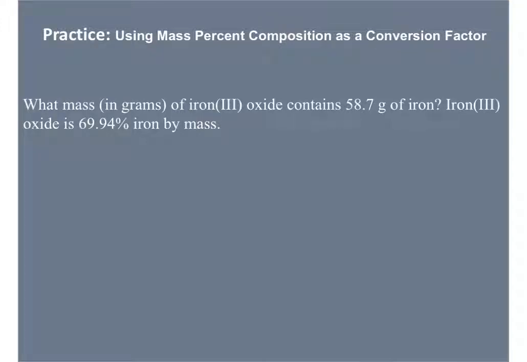This is a little bit of an unusual percent by mass question, but I have seen it on some standardized exams, so it's a good type of problem to be able to do. Instead of saying what is the percent composition of an element in a compound, it is worded a little bit differently. Take a minute and read it, saying what mass of iron 3 oxide.